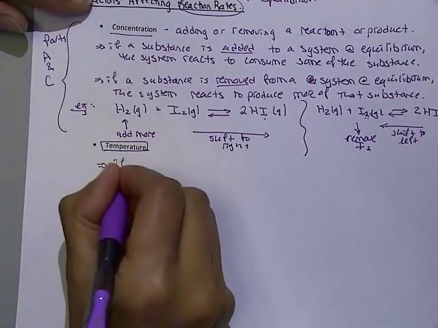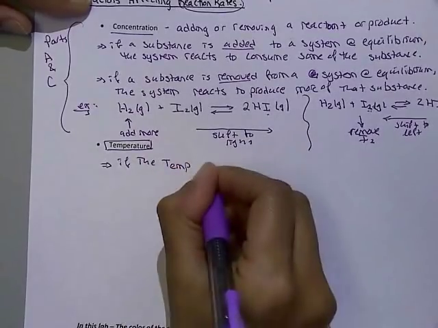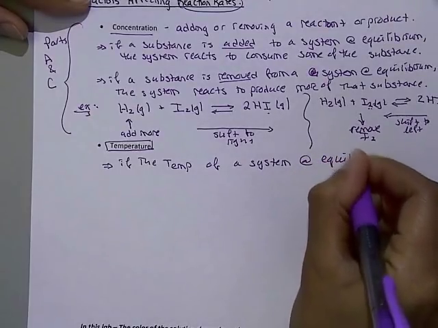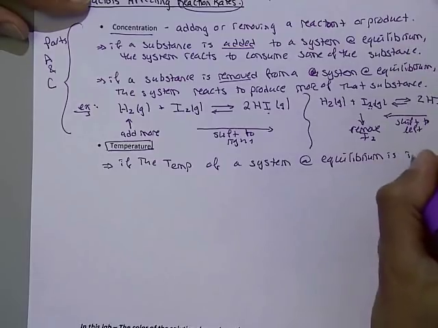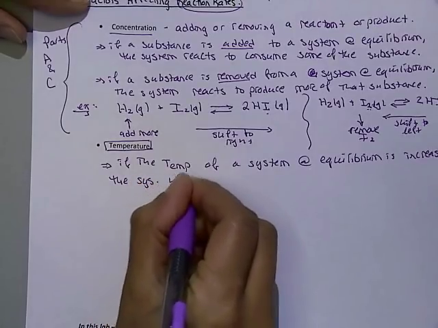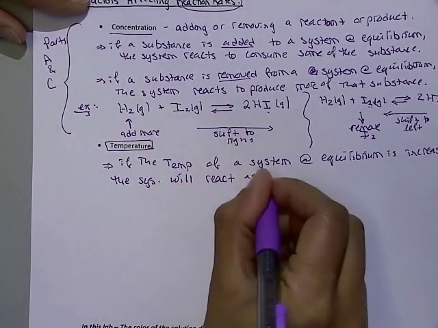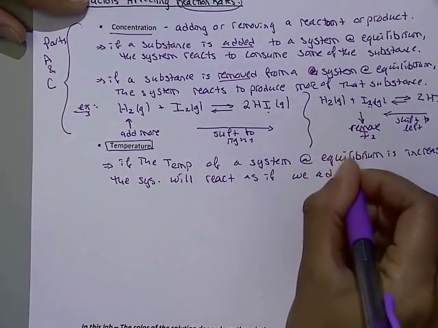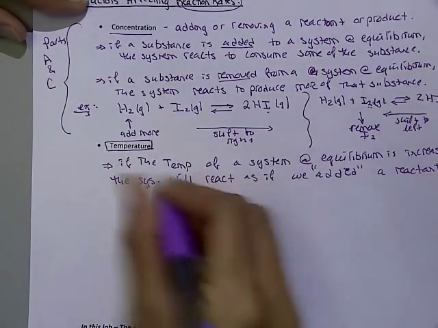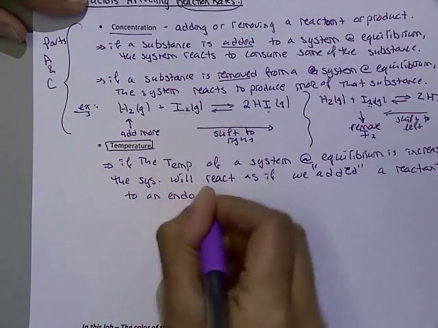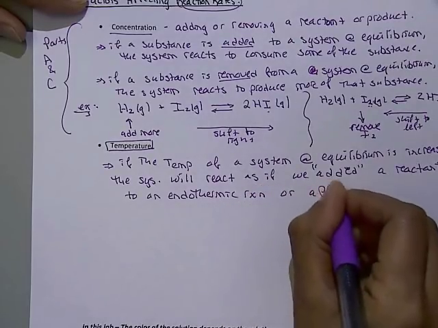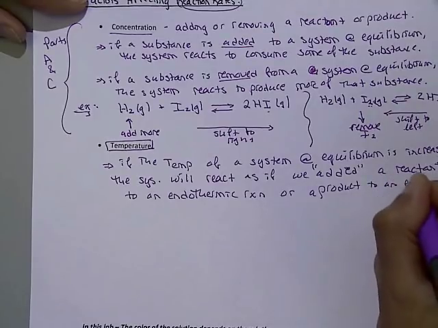So here, if the temperature of a system at equilibrium is increased, what will happen is that the system will react as if we added a reactant to an endothermic reaction or a product to an exothermic reaction.